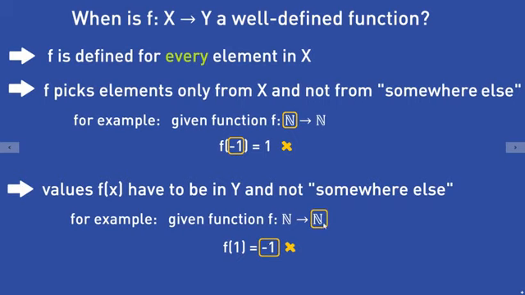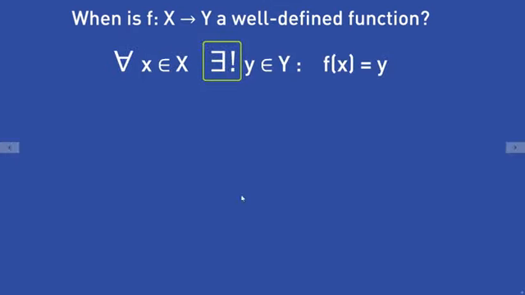So -1 is not a natural number. Now to the most important part. For each x in X, there exists exactly one, not 2, not 3, no, exactly one y in the set Y, so that f of x is equal to y.